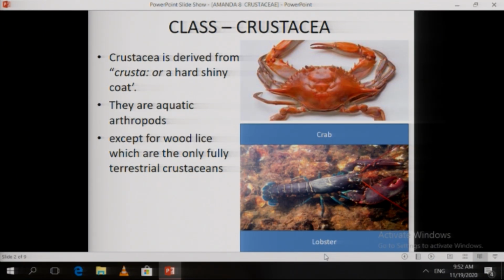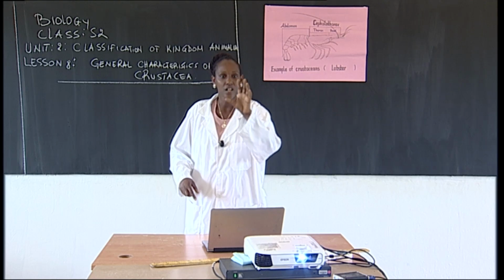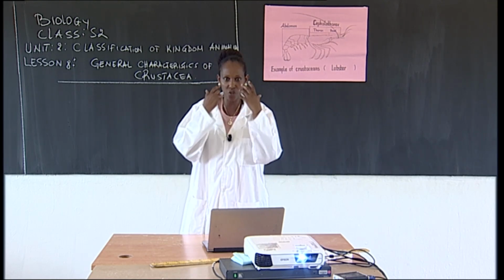So when you look at them carefully, what are some of the features? I always tell you here that when I talk of the features, I mean the external features, because those are the features that are visible to everybody here, all right? I'm not talking about the internal features, but the external features, what you see on the picture using your eyes.